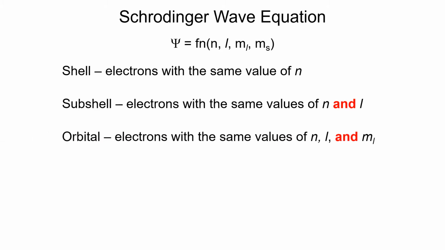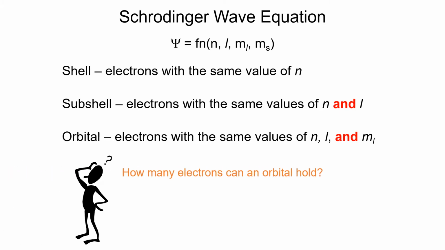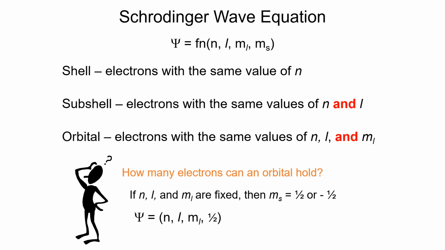And electrons with the same values of n, l, and m sub l are in the same orbital. So the only thing that defines their difference is going to be m sub s. How many electrons can an orbital hold? 2. One has a positive spin, one has a negative spin.